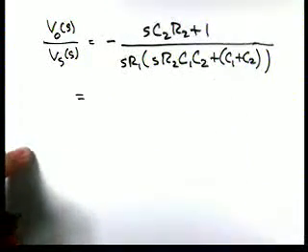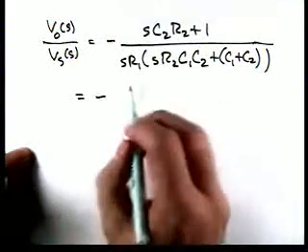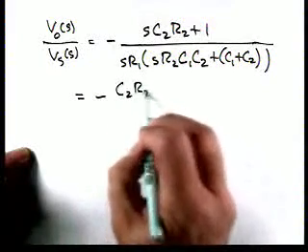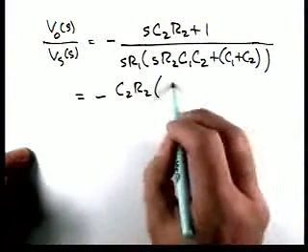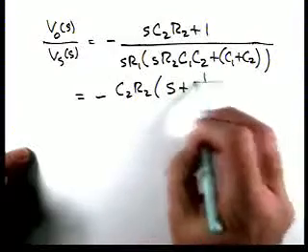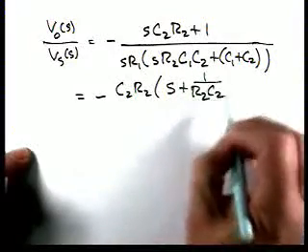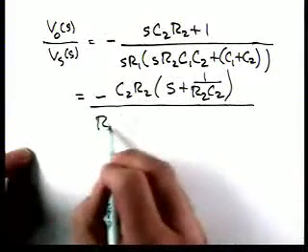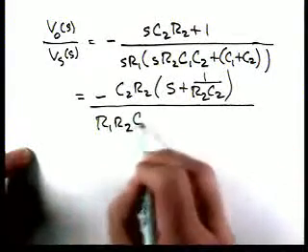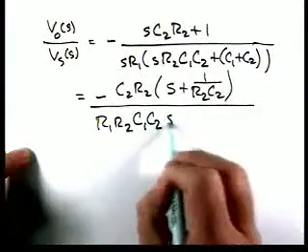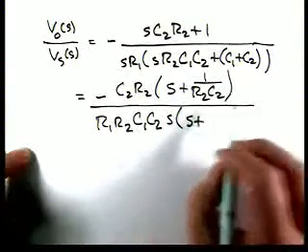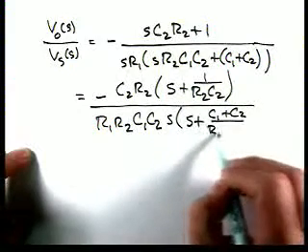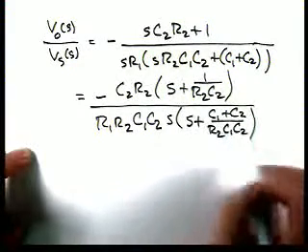And now if we factor out a C2 R2, the numerator becomes S plus 1 over R2 C2. And then we have an R1 R2 C1 C2 S times S plus C1 plus C2 over R2 C1 C2.